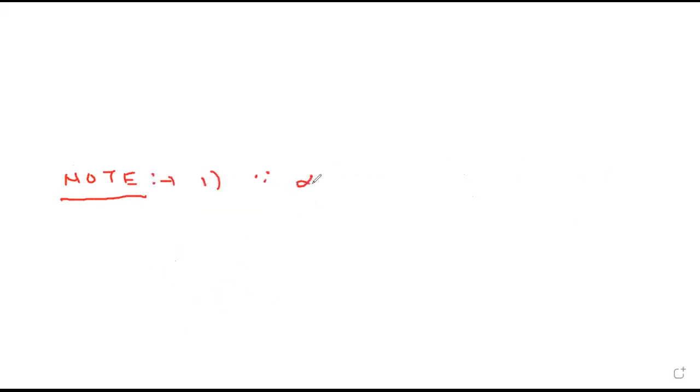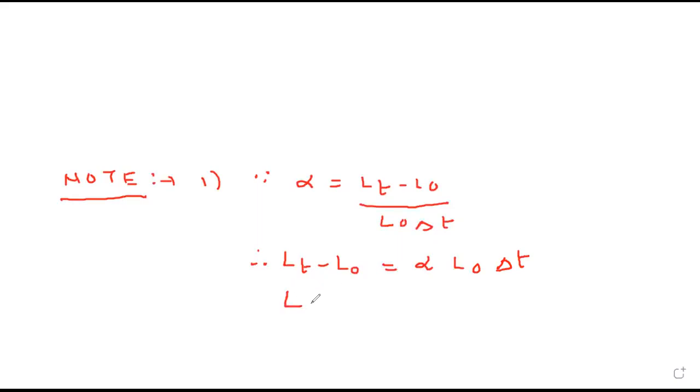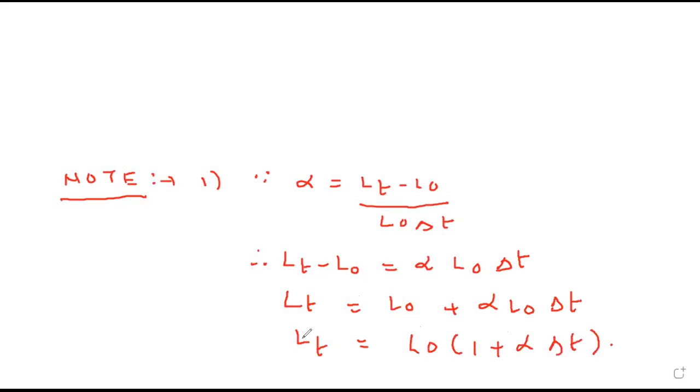Since alpha is LT minus L0 upon L0 delta T, therefore LT minus L0 is alpha L0 delta T. So LT is L0 plus alpha L0 delta T. LT equals L0, I can take common, 1 plus alpha delta T. So that means length at any temperature can be written as L0 (1 plus alpha delta T).